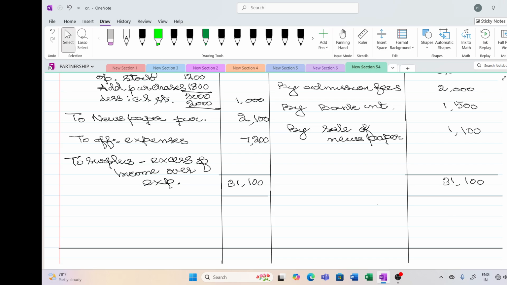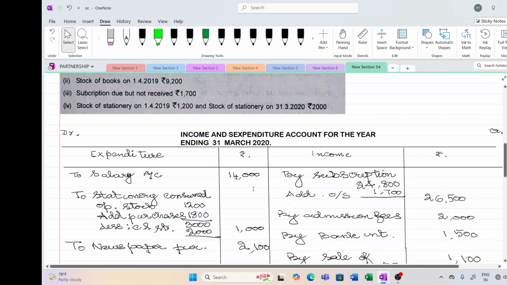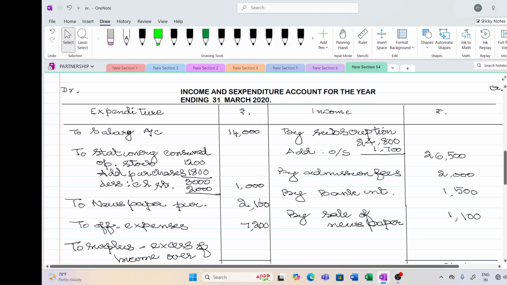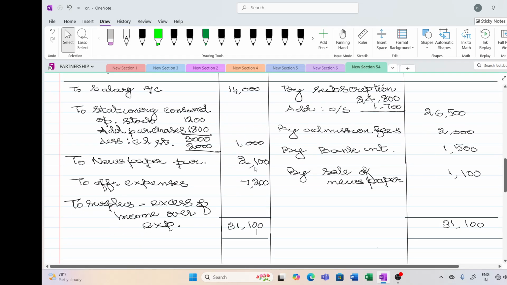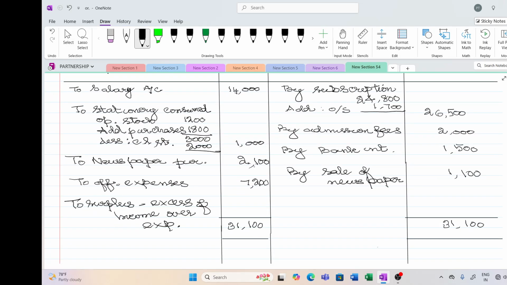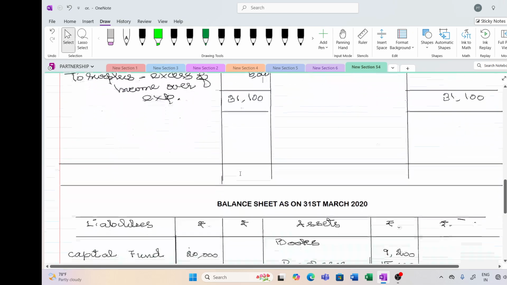So if this side is greater, income is more, means surplus. 14 plus 1, 15 plus 2, 17 plus 7, 24,300. If you subtract 24,300 from 31,100, we get 6,800. This is our surplus, excess of income over expenditure.